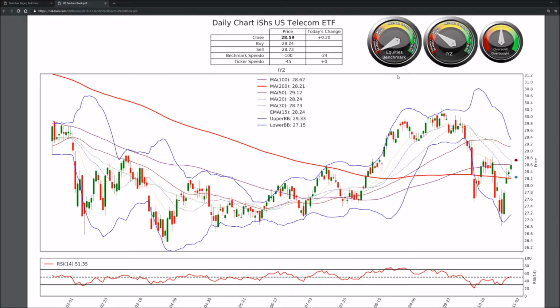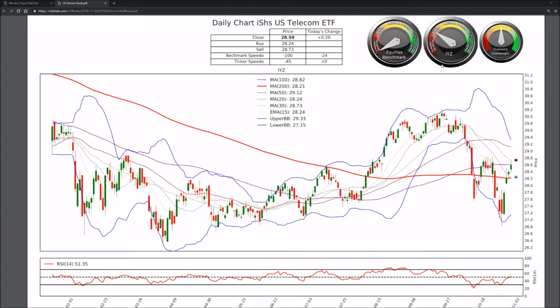The benchmark speedometer, the first one, is just that. It scores an equity benchmark. Each book has a different benchmark, but the only thing that is important is to look at the score of a benchmark and that of the individual security. Why would you want to own something in your portfolio which is trending at a lesser intensity than the benchmark? There might be a reason, but you better know it.